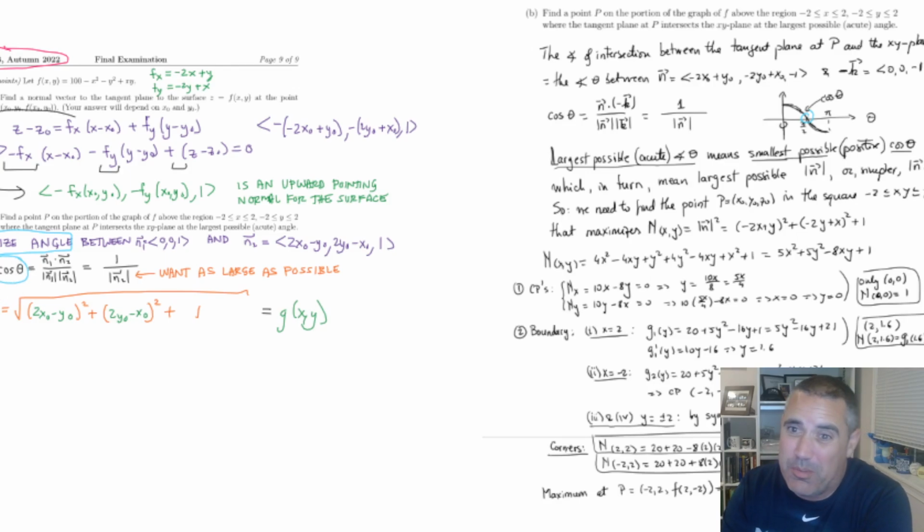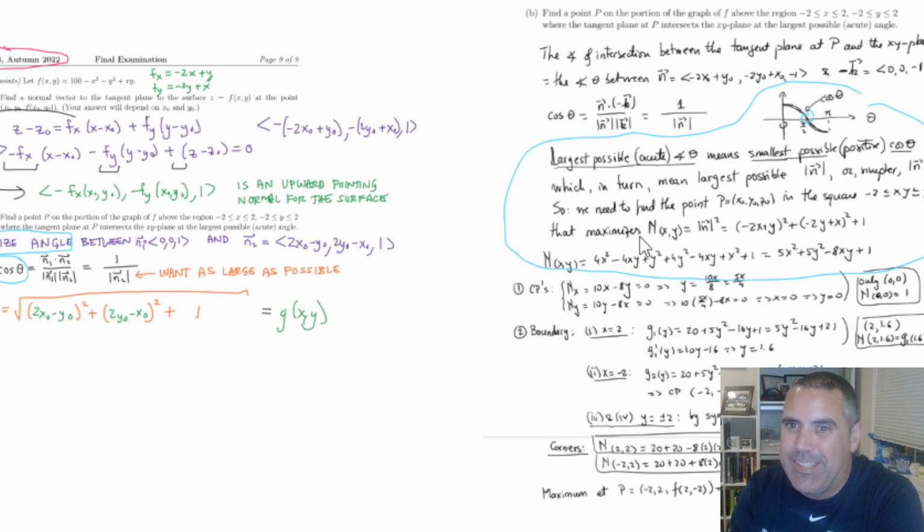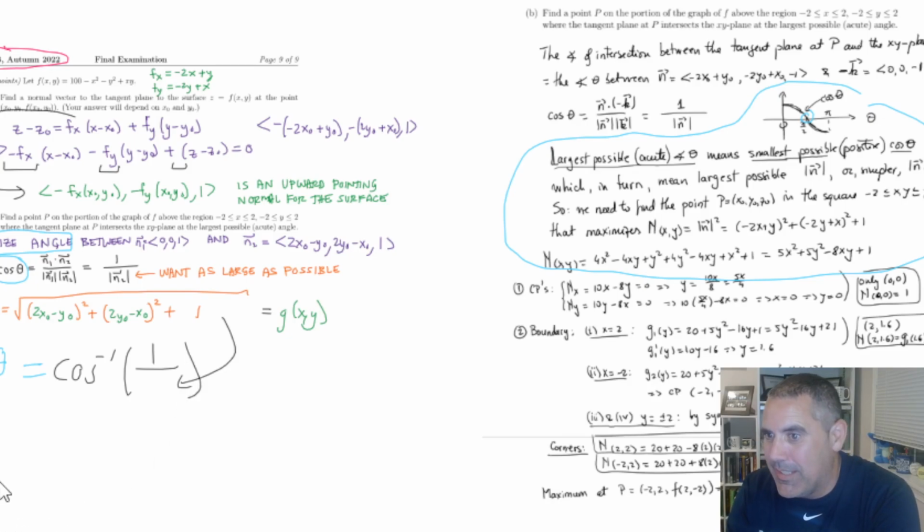All right, so that took a little bit. That's in itself a bit of thinking to try to simplify it. You could just write arc cosine of both sides and take the derivatives. So what we're doing in this solution is trying to make it easier to do the derivatives. But you could say theta equals arc cosine of 1 over this mess I have here, and then just start doing the analysis.